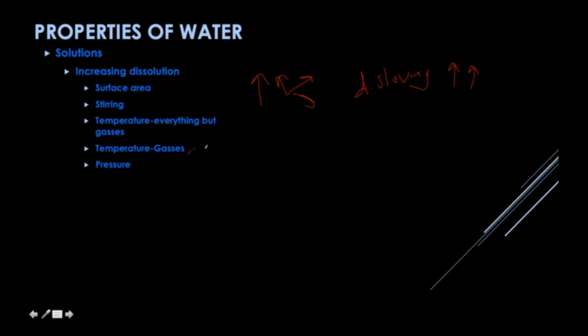Now, gases, on the other hand, they are a little bit different. So for gases, that movement is still happening. However, the movement of the water and the gases is happening.